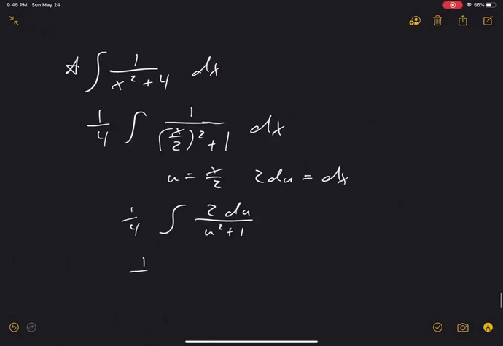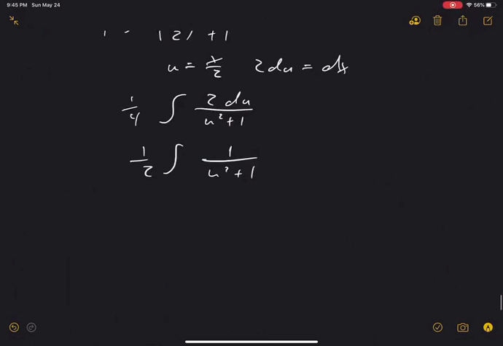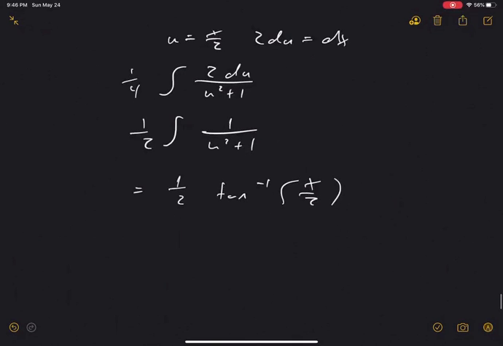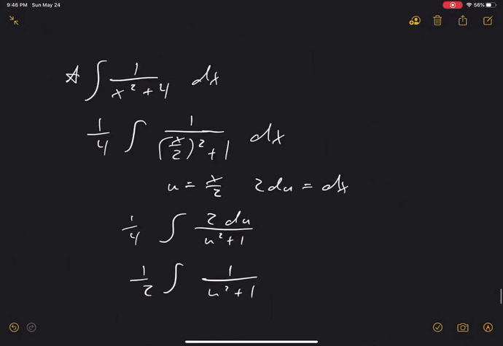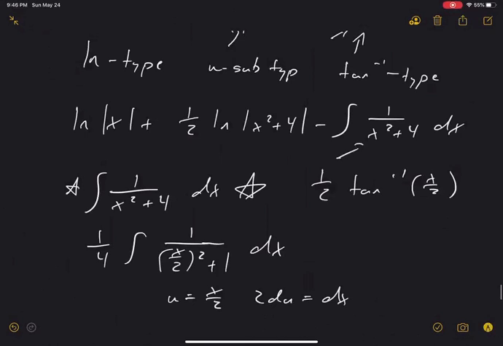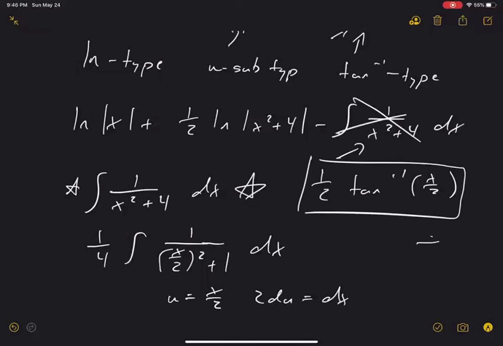I pull out the 2, it becomes 1/2. I undo my u substitution. I get this. So the integral of this thing is 1/2 tan inverse of x over 2. All right, so I add that part. I cancel out that and replace it with this. I have a plus c, and so that's my solution.